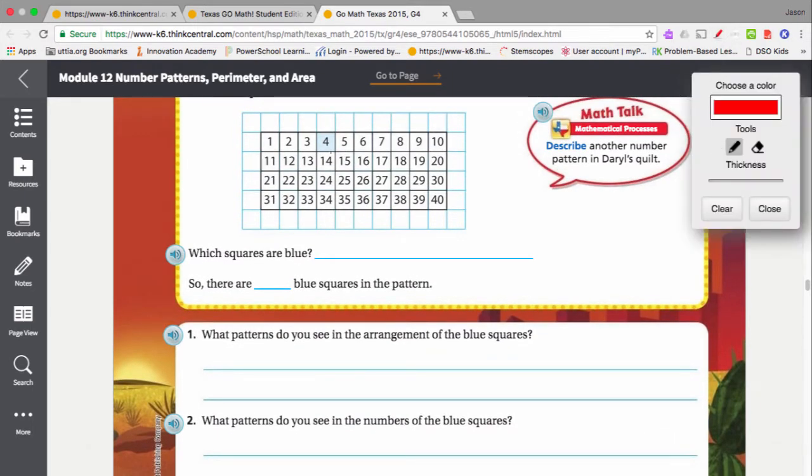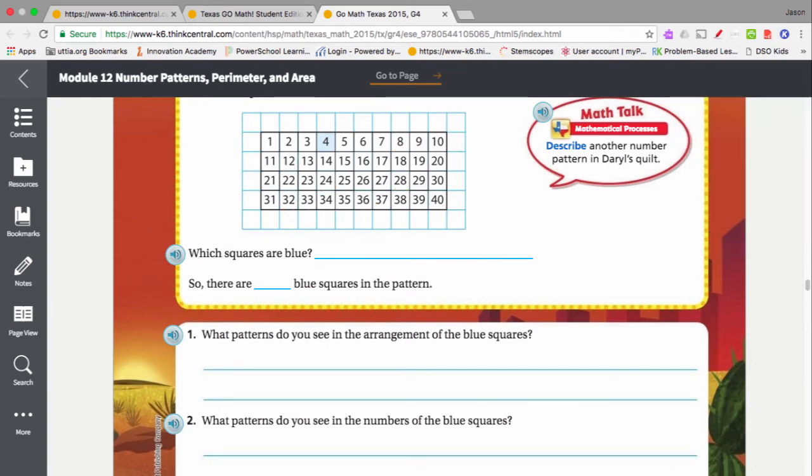If you remember, there's 4, 8, 12, 16, 20, 24, 28, 32, 36, and 40. So you can see there's this staggered pattern of squares, but also they're all multiples of 4.